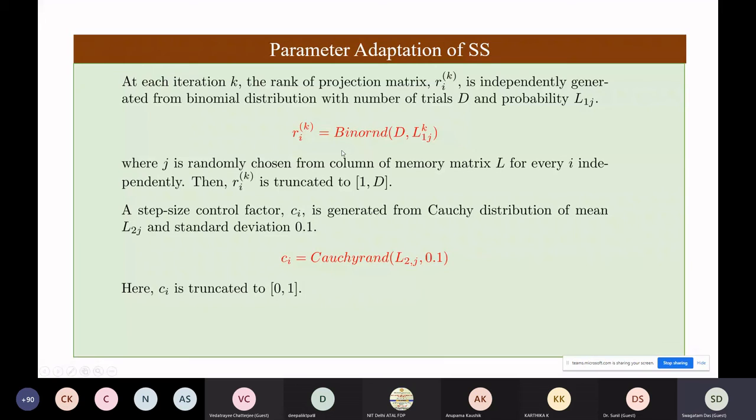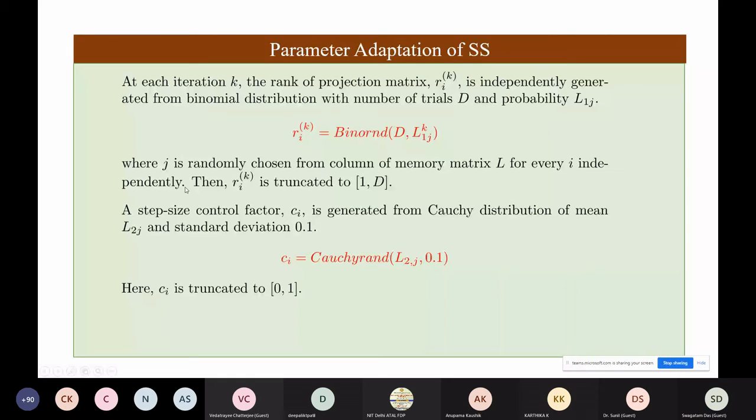and we can choose Ri as a binomial random variable with parameters d, the number of trials, the length of the diagonal, and L, the probability, where L1J is the element from memory matrix L. J is randomly chosen from the columns of memory matrix L, independently for every i.